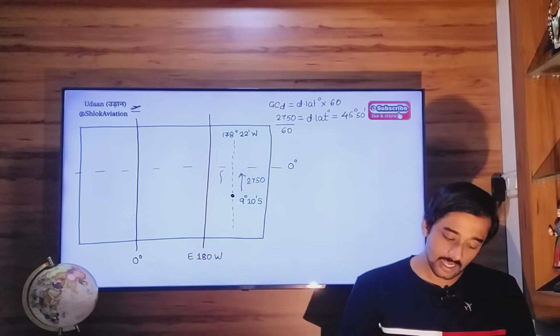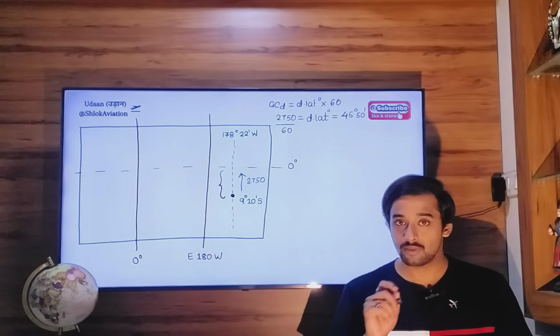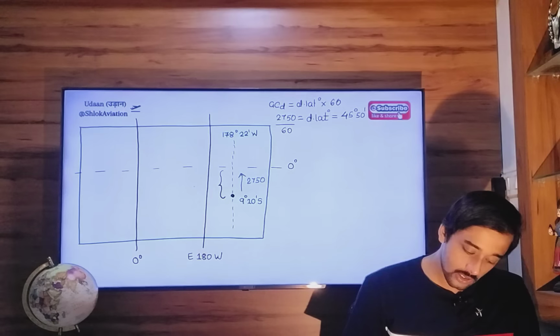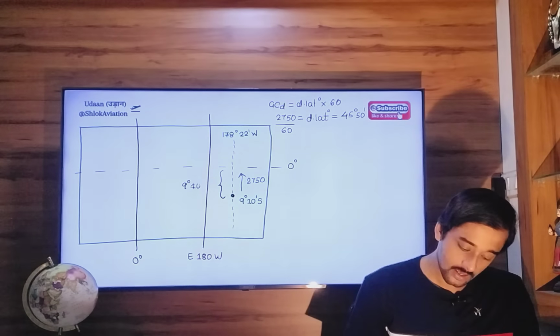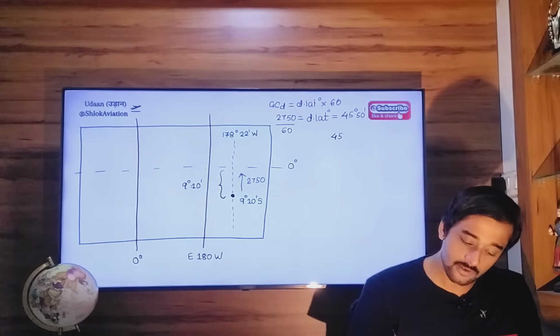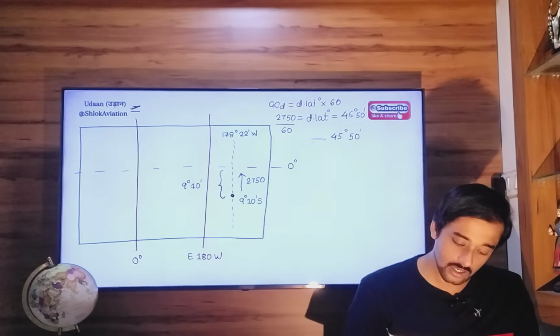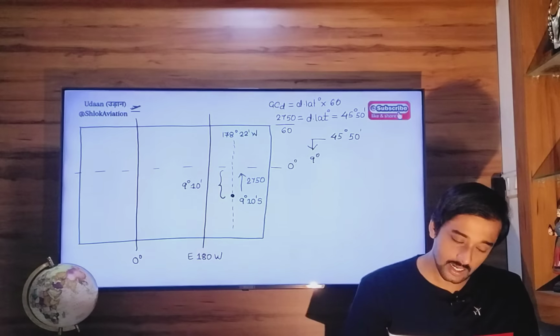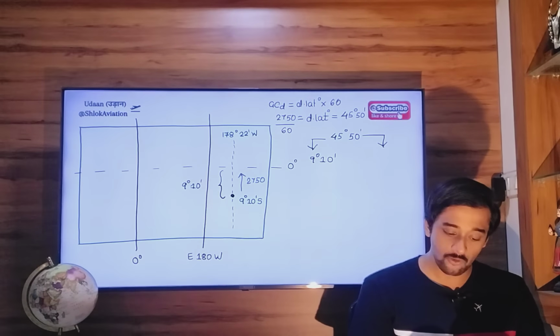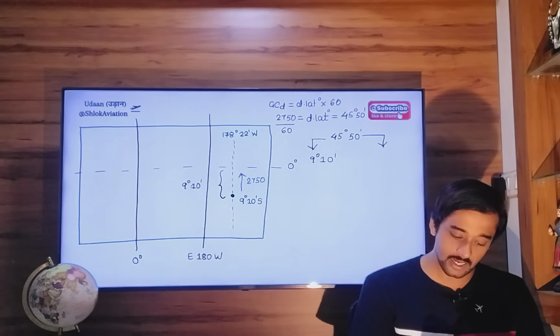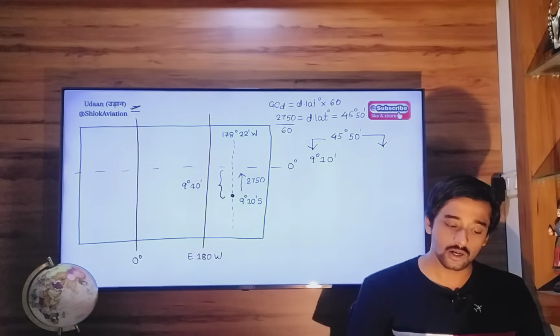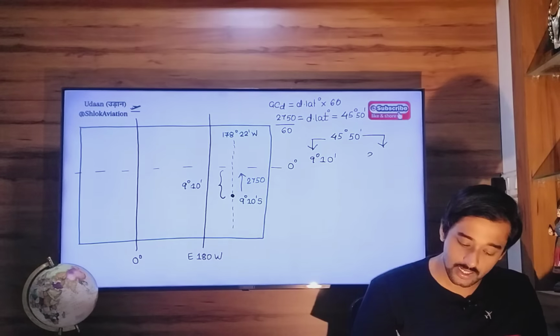Now the difference between the equatorial latitude and this 9 degrees 10 minutes south latitude is equal to 9 degrees 10 minutes. So this total 45 degrees 50 minutes is going to get divided into two parts. First, 9 degrees 10 minutes, and second, 45 degrees 50 minutes minus 9 degrees 10 minutes, which is equal to 36 degrees 40 minutes.